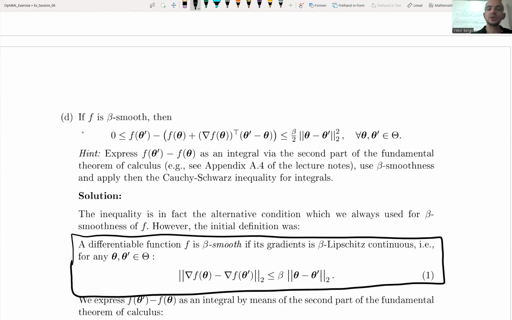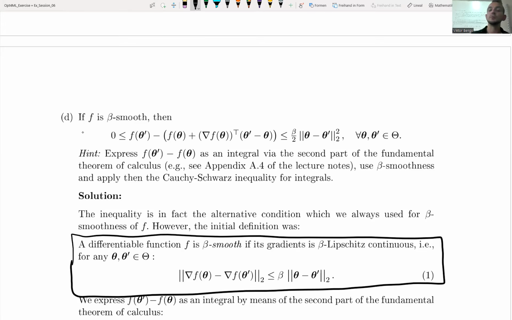A differentiable function f is beta smooth if we have that its gradient is beta Lipschitz continuous, meaning that the Euclidean distance between the gradient of f at any two points, theta and theta prime, is always bounded by beta times the distance between the two points we plug in.